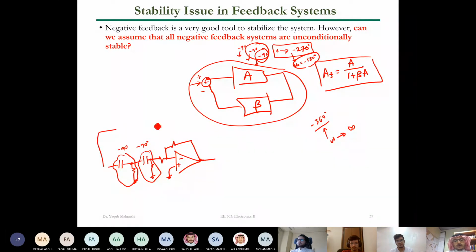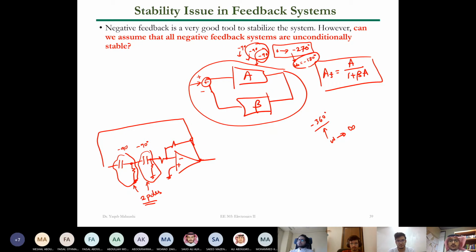If you connect this one here, will the system be stable or unstable? Unstable. 90 and 90, these are two poles. So we have two poles here, right?